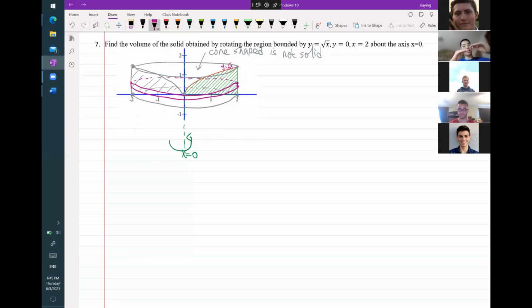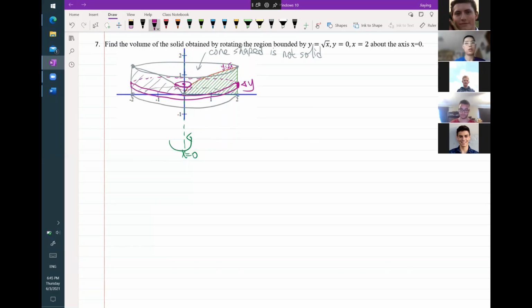Because the disc, or the washer shape, whatever you call it, is horizontal, the thickness is in the y direction, so that's delta y. In the middle, we also get this circular shape that's not there, from the cone shape that we take out in the middle.